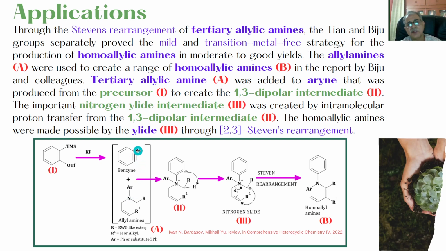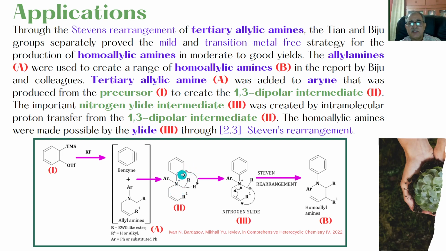This is a symmetrical intermediate, and the triple bond will become a double bond with the negative charge going on the next carbon to which the nitrogen is attached. So we will get this type of 1,3-dipolar intermediate.